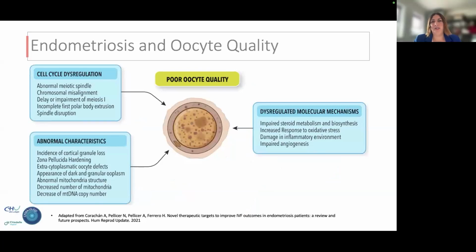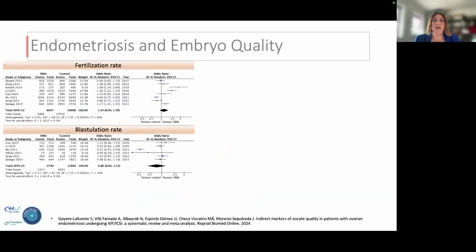Some data suggest that endometriosis can also adversely affect oocyte quality, leading to structural abnormalities such as cortical granule loss, spindle disruption, and zona pellucida hardening. Additionally, endometriosis is associated with decreased mitochondrial content and dysregulated molecular pathways in oocytes, further compromising their quality.